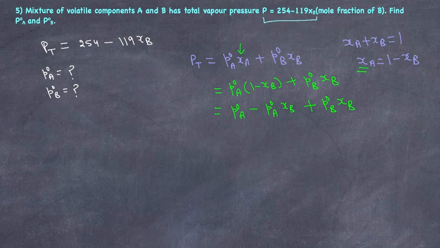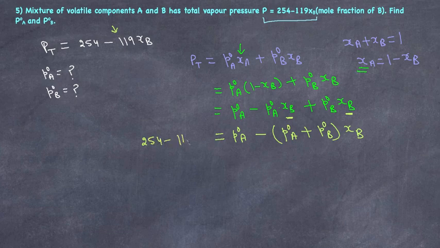In these two terms we have XB common, so we can take out XB as common. So P naught A plus P naught B, and we take out XB common. And they gave us P total is equal to this equation, which is 254 minus 119 XB.